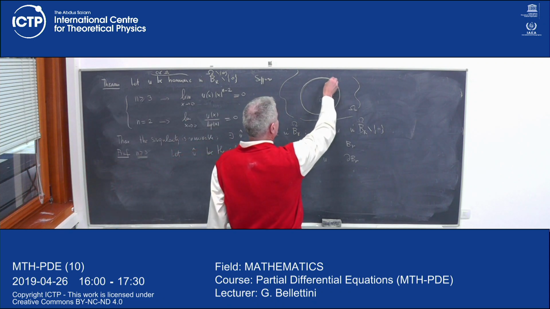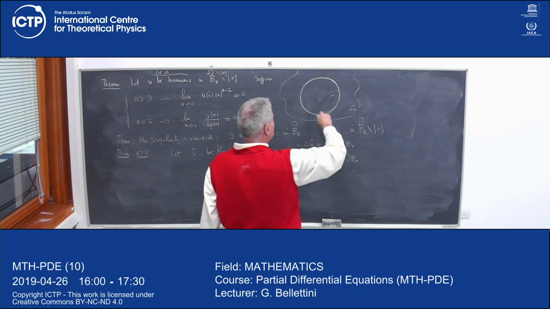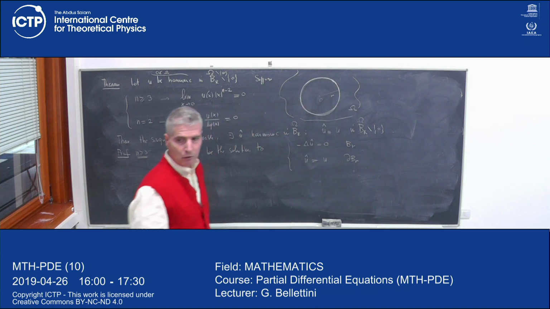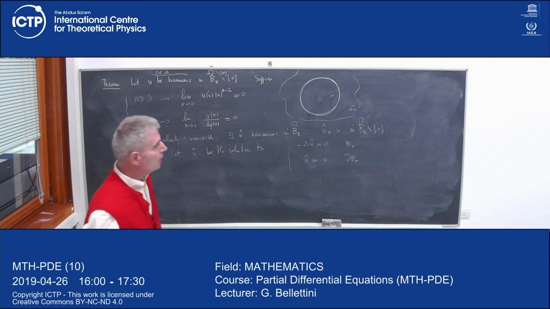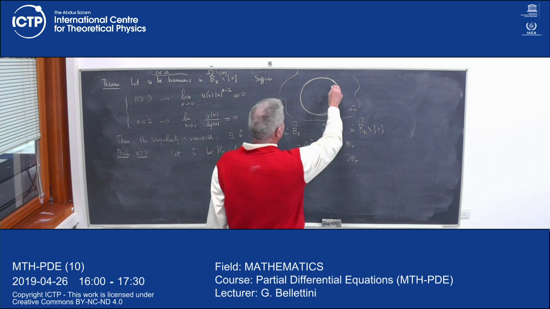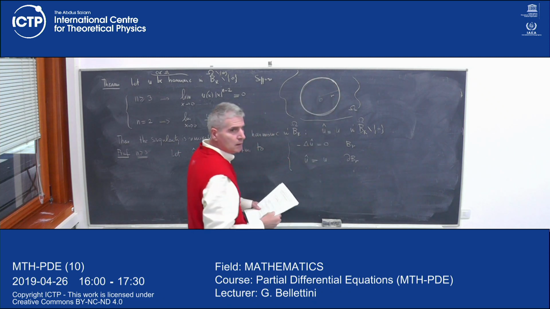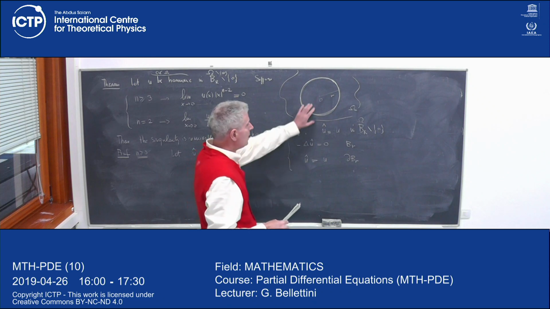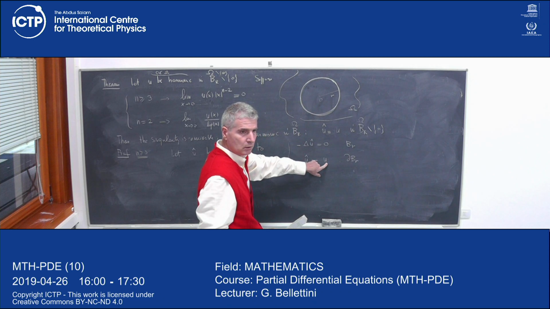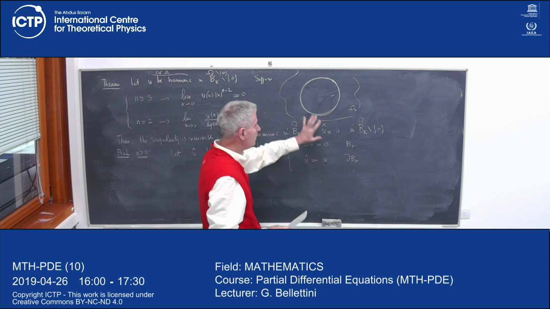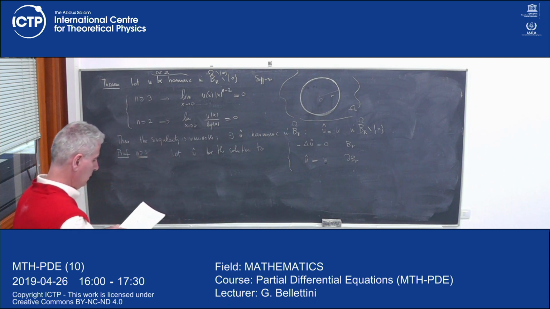I take this boundary here. Here my function u has a trace, because u is continuous, and then I can uniquely solve the Dirichlet problem inside the disk with this boundary condition. Let me call this u hat.